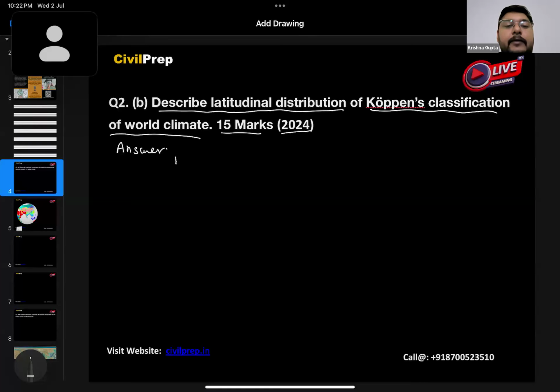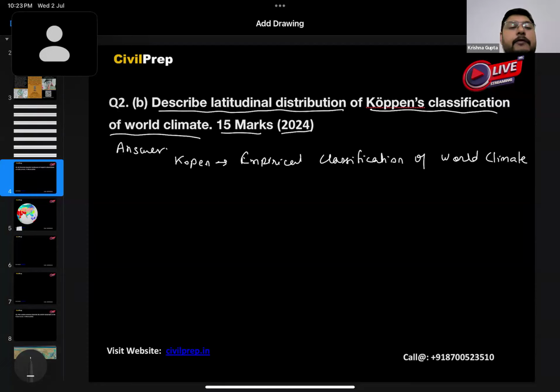we will see here that Köppen basically gave an empirical classification of world climate, which was on the basis of De Candolle's vegetation map.